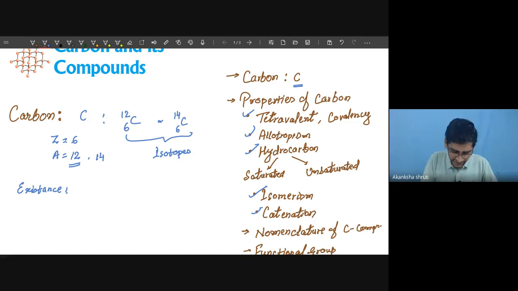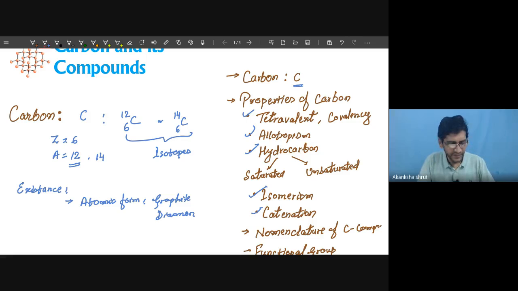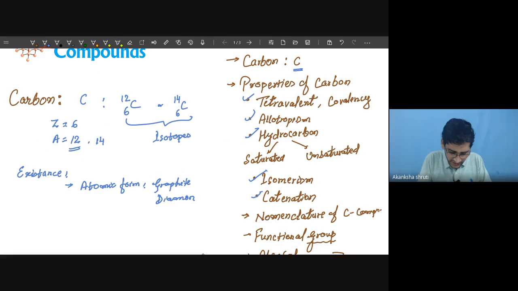If we consider the existence, it can be in the atomic form, where we observe the atomic forms like graphite, like diamond, like Buckminsterfullerene, that we will learn later. So these are the atomic forms of the carbon.